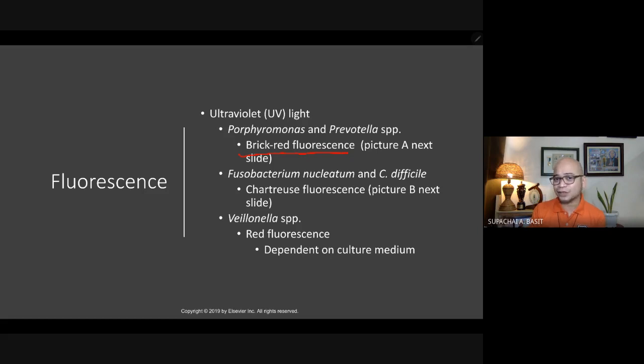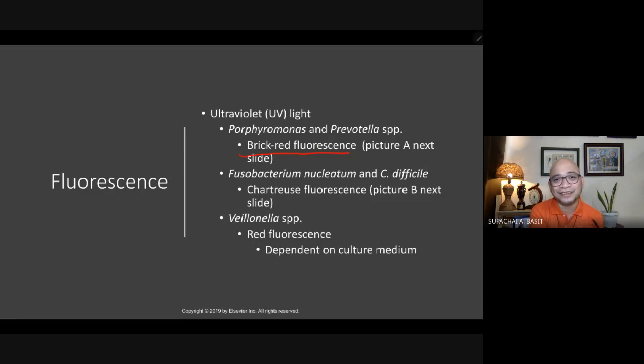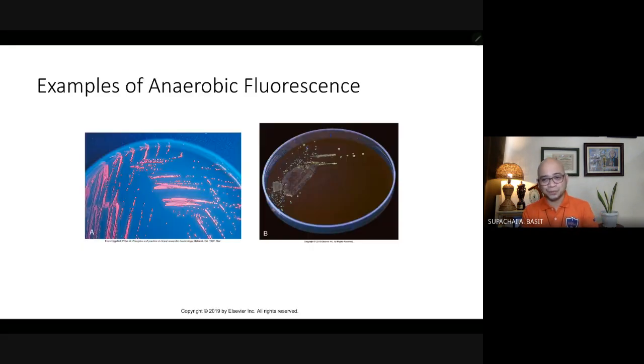Later on, I will be showing you the picture of how it looks like. Then Fusobacterium nucleatum and Clostridium difficile show chartreuse fluorescence. On the next slide we'll see how chartreuse looks like. And Veillonella would have a red fluorescence, which is highly dependent on the culture medium. The requirement here is utilization of an ultraviolet or UV microscope.